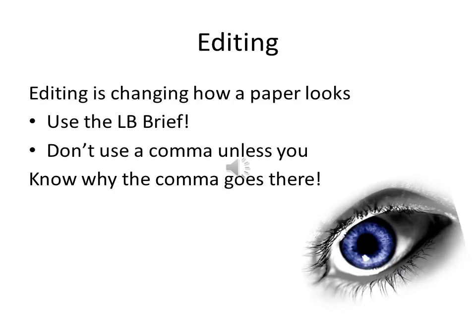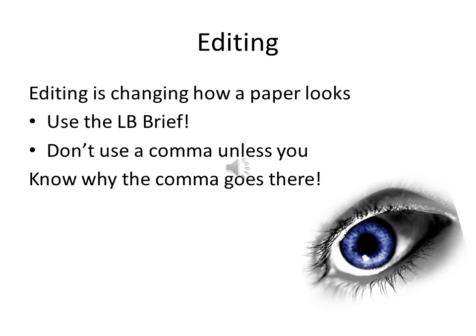The next stage of the writing process is editing. Editing is changing how a paper looks. So while revising worries about the sentence structure and the sound and your word choice, editing is all the little details. Editing has to do with the commas, the spelling, the structure of the paper. My biggest plea to you is to use that LB Brief.